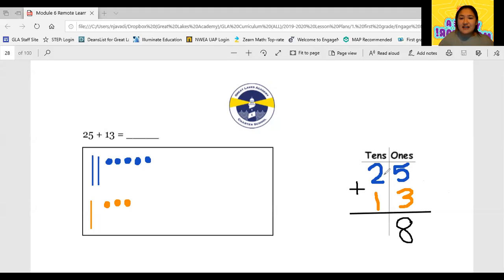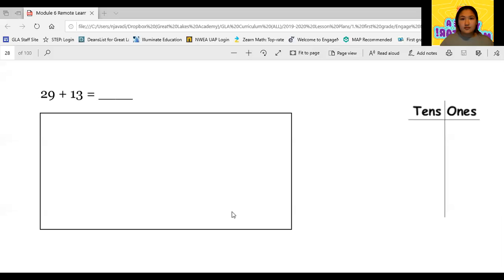Then I add 2 10s and 1 10, and I get a total of 3 10s. Then I go over here to my answer and write it in. And if you want, you can always double check your work by counting your 10s and 1s. Let's do that now. So we'll count 10, 20, 30, now the ones, 31, 32, 33, 34, 35, 36, 37, 38. Nice job if you also got 38.